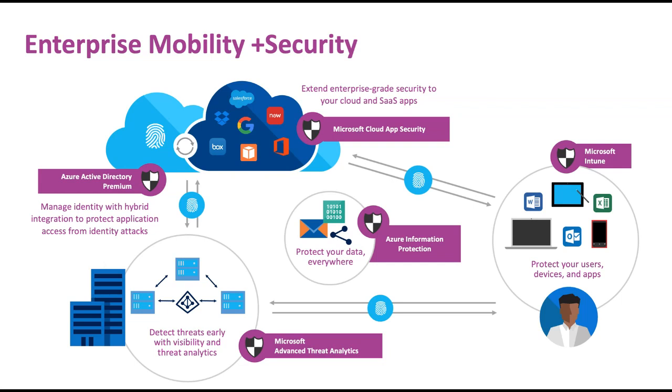Cloud App Security allows you to integrate with your firewall service to inspect the traffic that is going out of your firewall that could be destined for Box or ServiceNow or Dropbox or Salesforce or G Suite. So you get a comprehensive idea of what information is being transferred from your organization into these services.